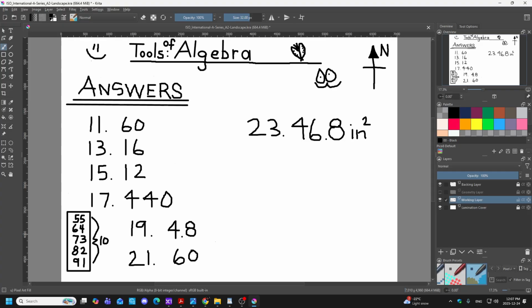Right? Because it's area. Area is in squared units.